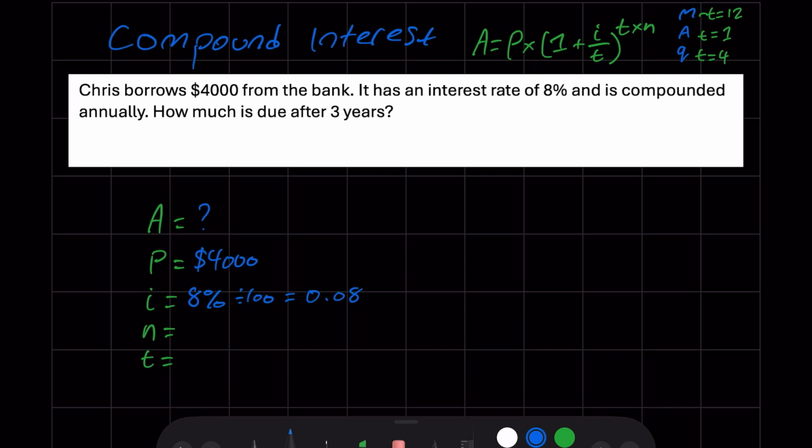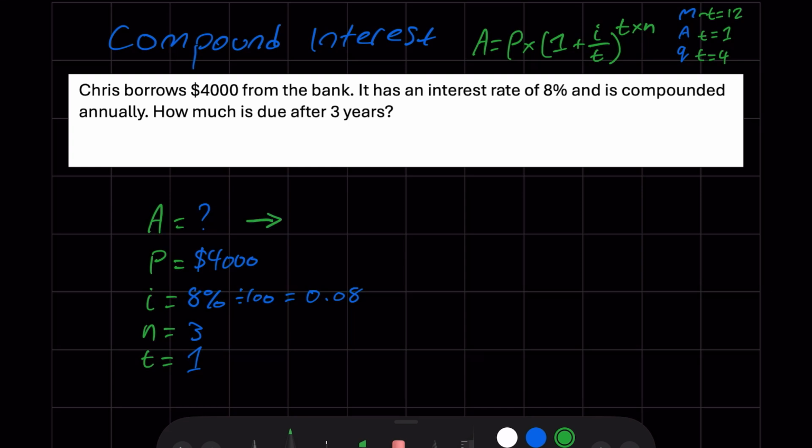For N, the question says how much is due after 3 years? So N is equal to 3. And finally, our T value. It says it is compounded annually. If you look in the top right of our screen, if it's annually, T equals 1. Annually means it's happening once a year, so T equals 1.